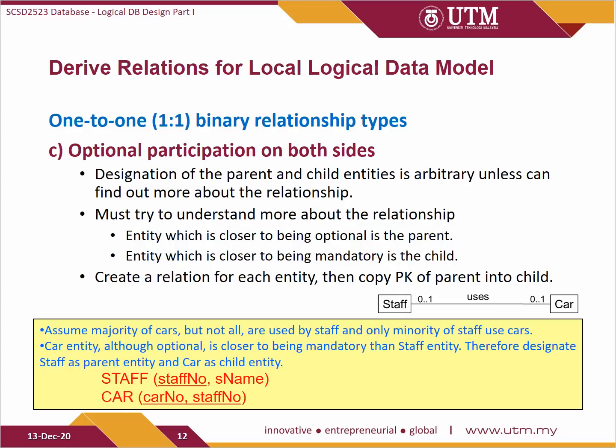So based on this situation, the car entity, although optional, is closer to being mandatory than the staff entity. So we can designate the staff entity as parent entity and car entity as child entity. Then we post a copy of primary key of staff entity, which is staff number, into the car relation as shown in this slide.